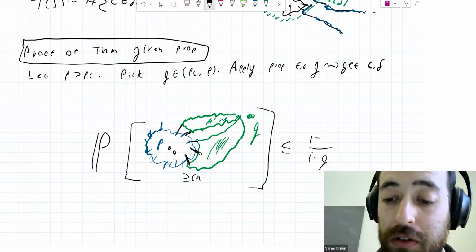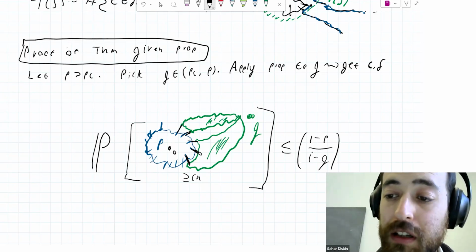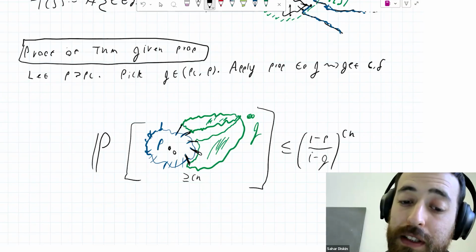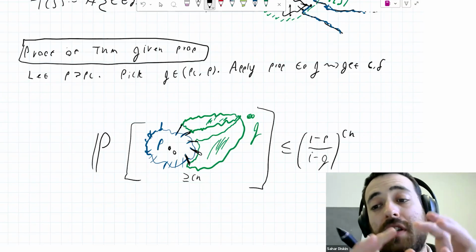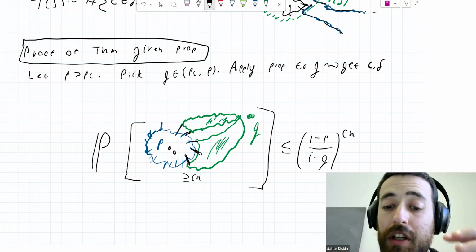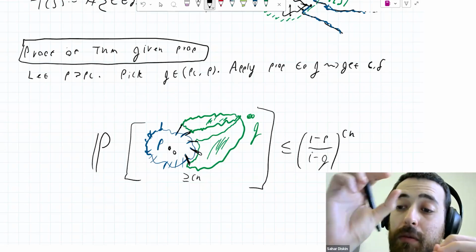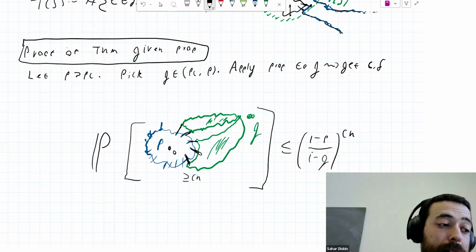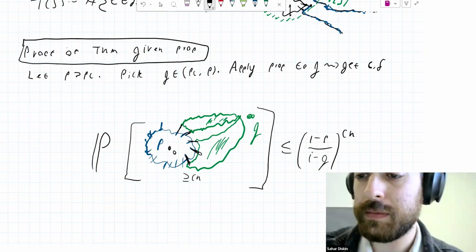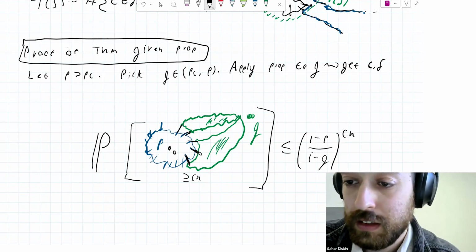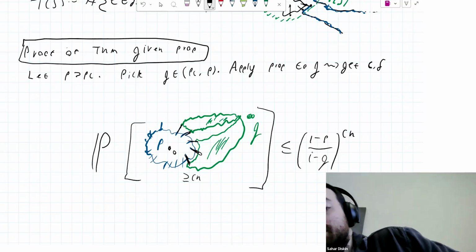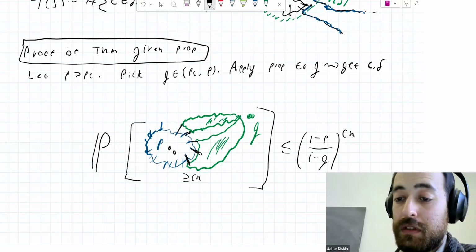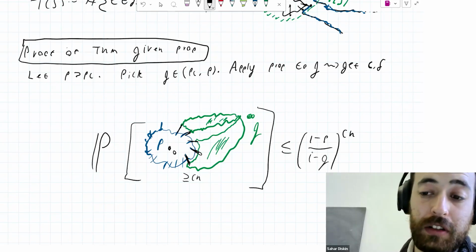So they need to remain closed with P percolation. And this needs to happen to each and every one of them. So the probability of this event, that I have the cluster of the origin explored in P percolation touching the infinite component in Cn places, is extremely unlikely when I explore the infinite component in Q. It's extremely unlikely. Eventually it will penetrate through. Okay, this is on the one hand.